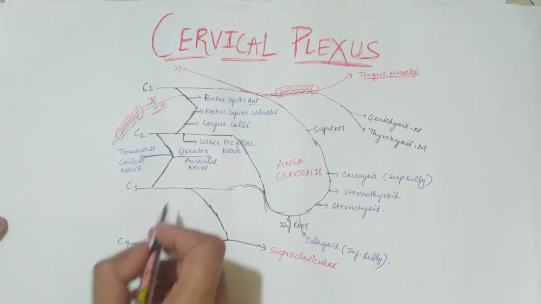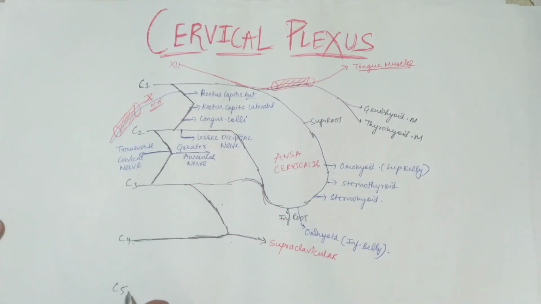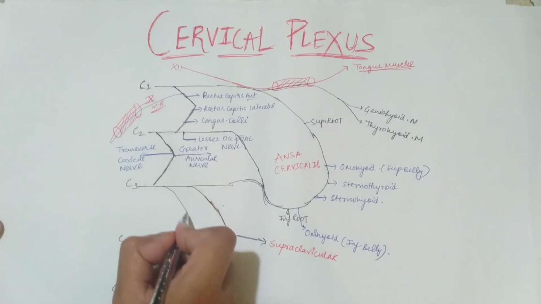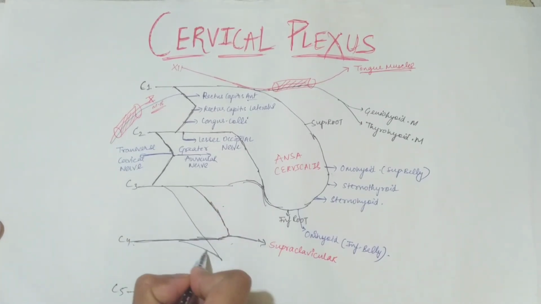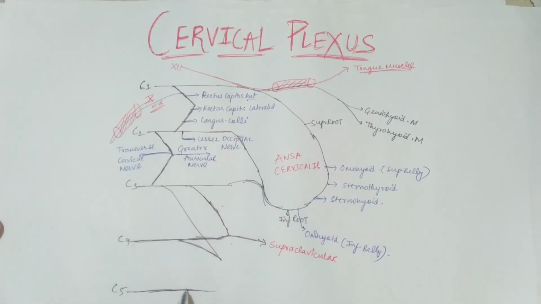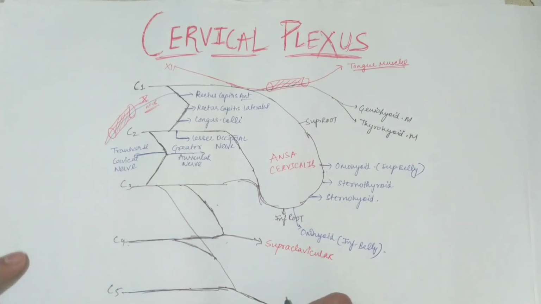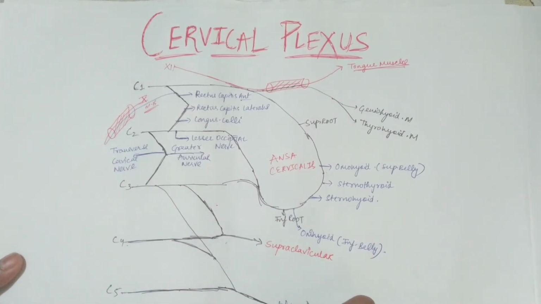Now including C3, C4 and C5 fibers, we get a nerve called the phrenic nerve, which goes to your diaphragm.